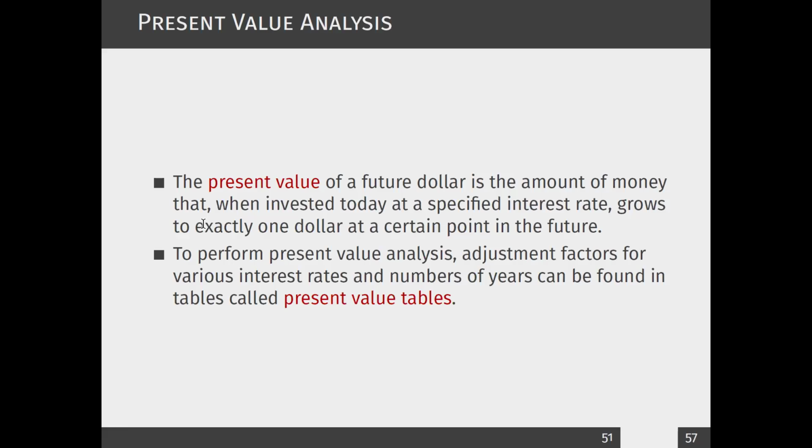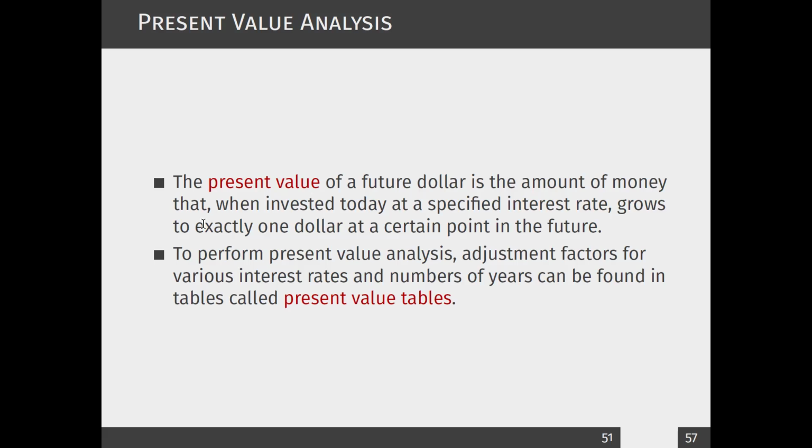So what we are going to do here is, for example, you get some benefits this year, next year, after 2 years, after 3 years, after 4 years, and so on. And then you try to convert back to today's amount and see whether it's a profitable one, right?